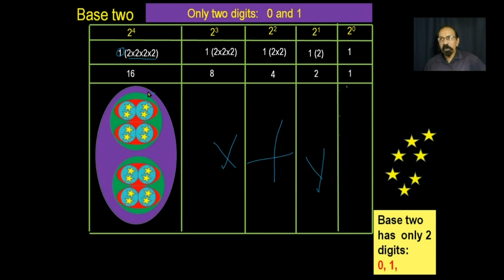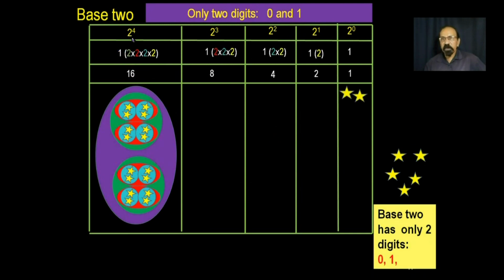One group of 2 green groups, and each green group has 2 red groups, and each red group has 2 blue groups, and each blue group has 2 stars. So we get 2 times 2 times 2 times 2. So this position here is actually 16s, or 2 to the 4th power, as you see up here.